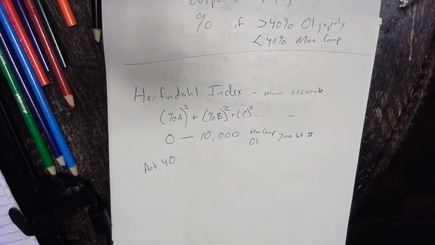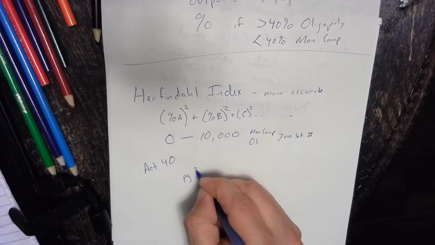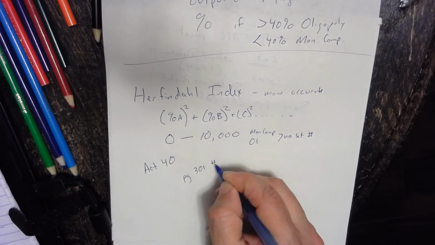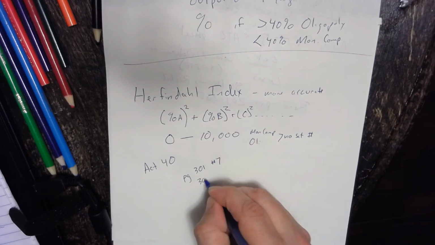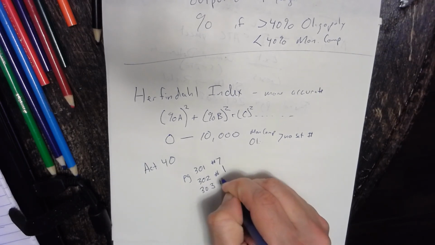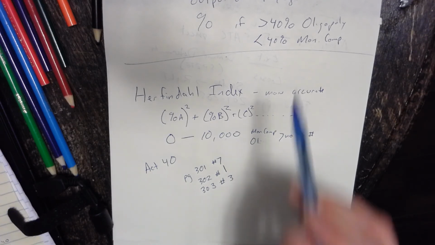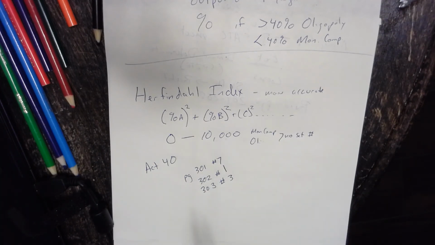But then I also need you to do some questions out of the book: page 301, number 7; 302, number 1; and 303, number 3. These all tie in with monopolistic competition and the Herfindahl Index and concentration ratio, which will be good.